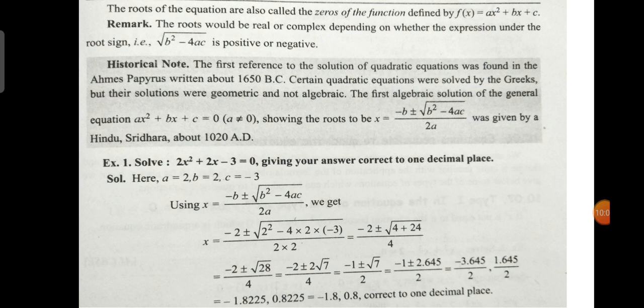Next, the roots of the equation are also called the zeros of the function defined by f of x is equal to ax square plus bx plus c. I have told you that in a polynomial we say factors, and similarly in an equation we say roots, and root has another name, zeros. In a quadratic equation we use both, roots of the equation and zeros of the equation.